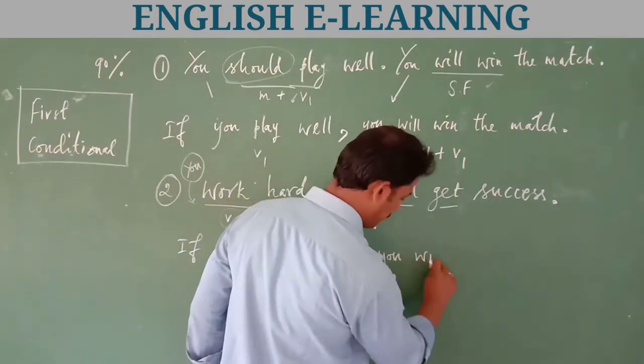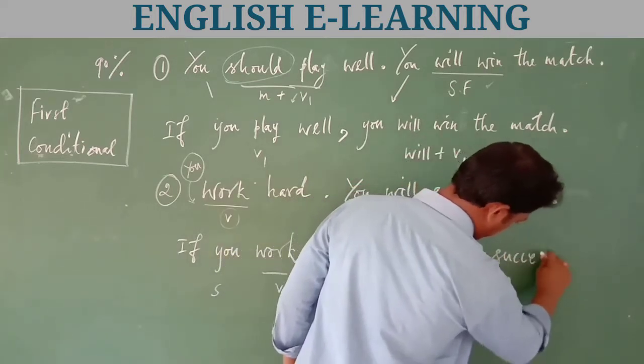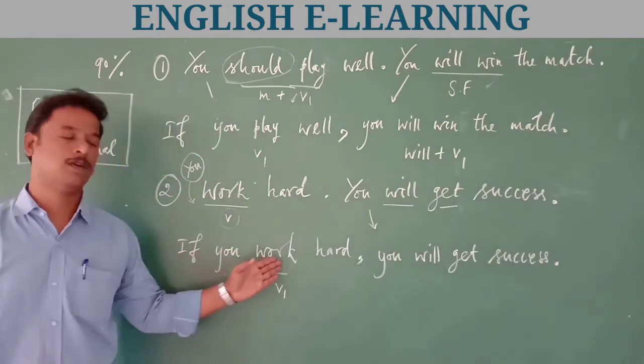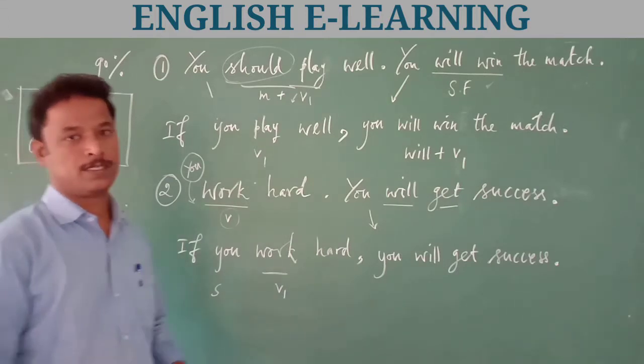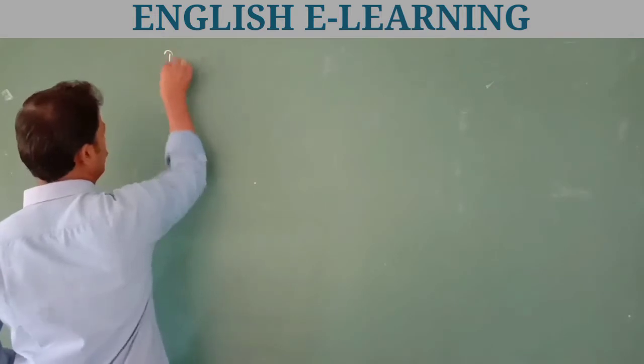So use the same verb pattern. You will get success, right? So the answer is, if you work hard, you will get success, right? So let us go to the second conditional clause now.